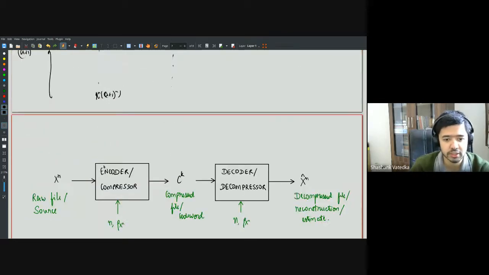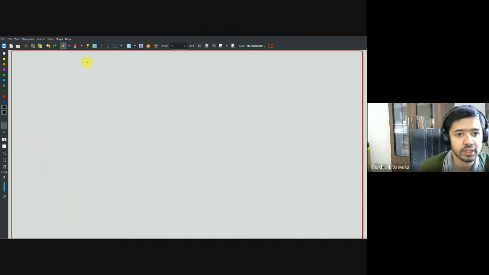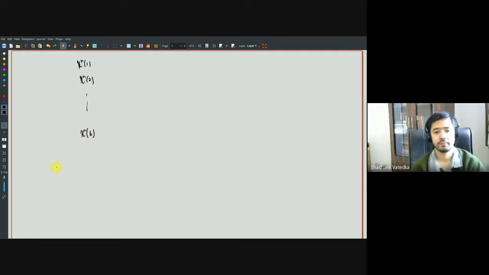Let's take maybe a simpler example, right? Let's take a concrete example where you have, let us say, 4 sequences: xn of 1, xn of 2, xn of 3 and xn of 4.